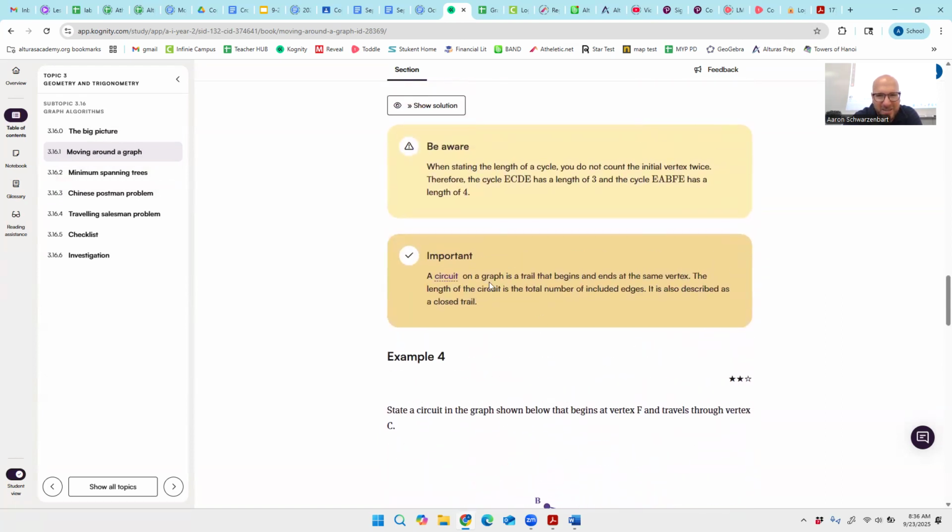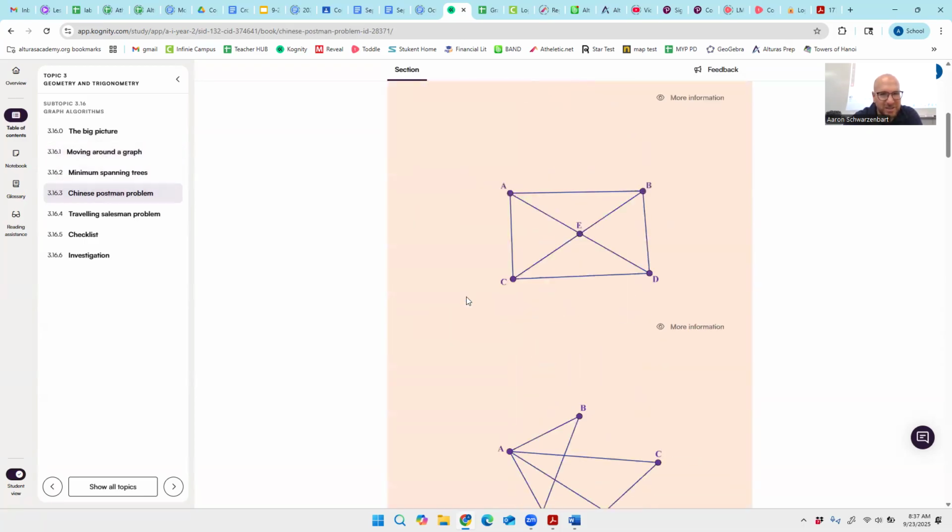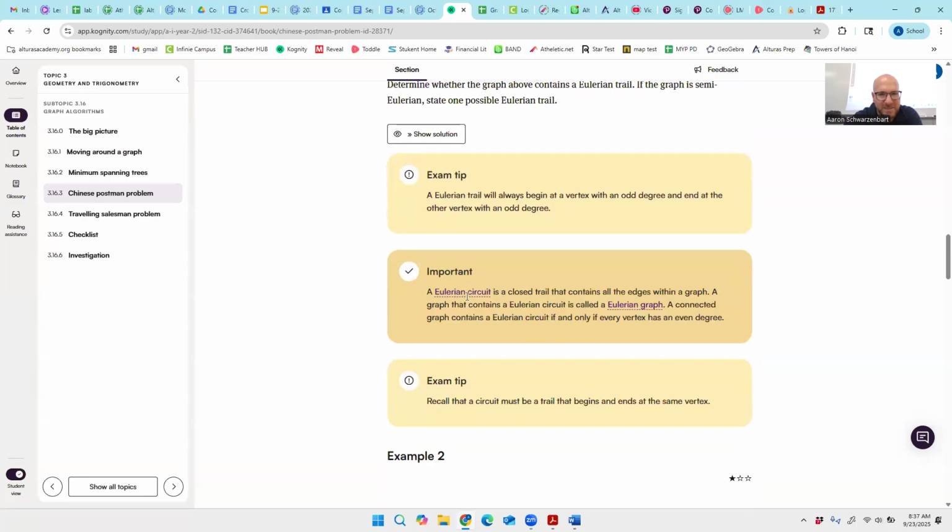A circuit on a graph is a trail that begins and ends at the same vertex. A closed trail is the same thing as a circuit, is what it's saying. It would just mean the same thing as circuit. It's just another name.